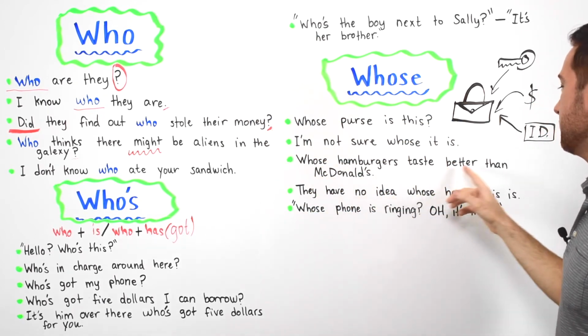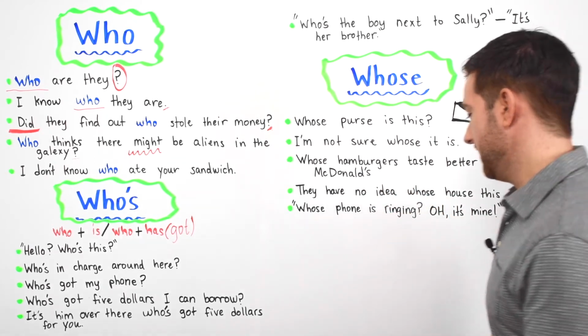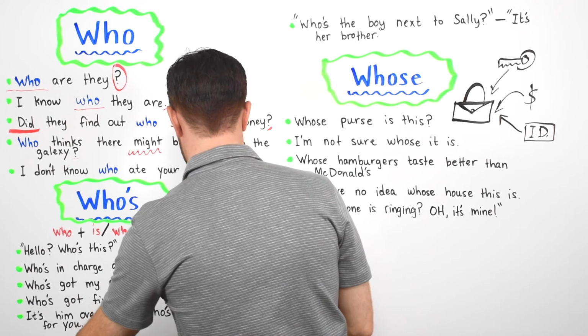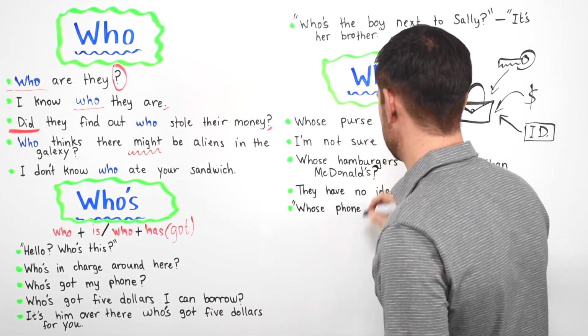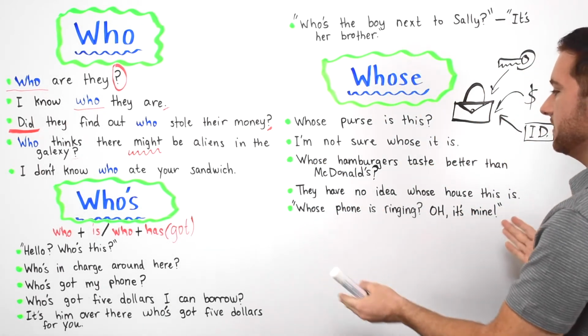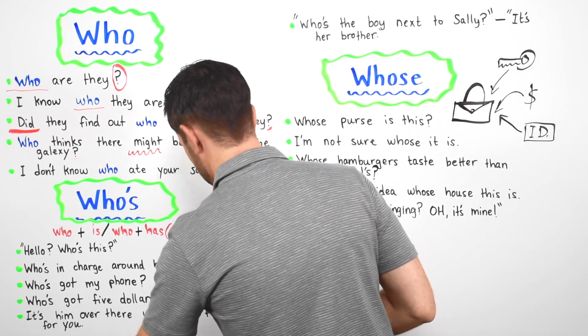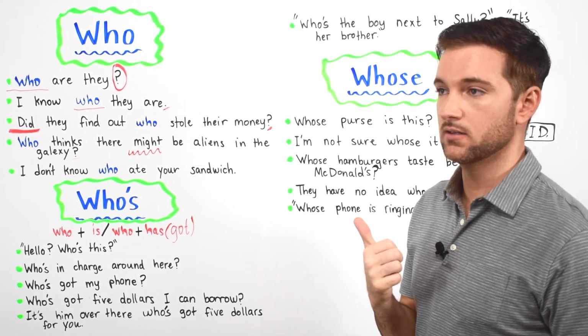Whose hamburger tastes better than McDonald's? Okay, we have an error here actually. My mistake. We need a question mark right here, right? Because we have whose in the beginning. So we say, whose hamburger tastes better than McDonald's? We're talking about food, so maybe Burger King, maybe In-N-Out.